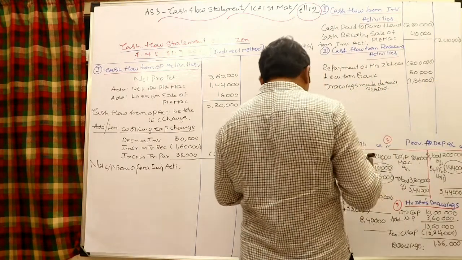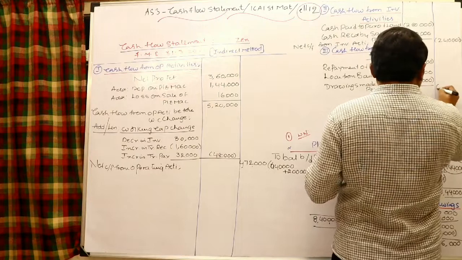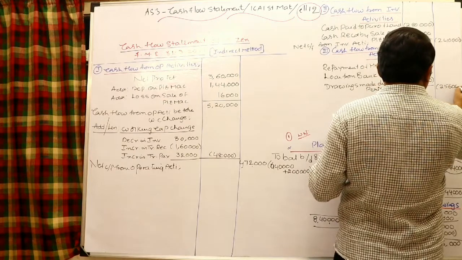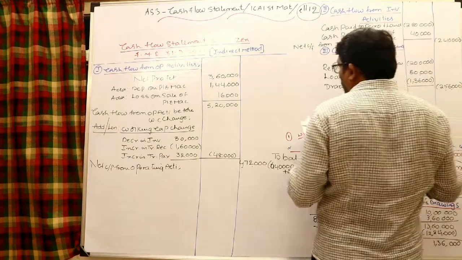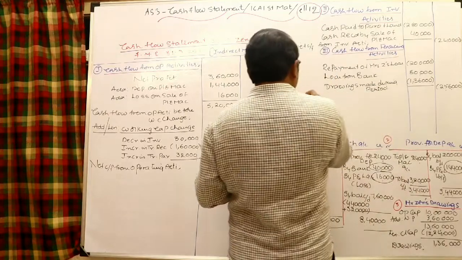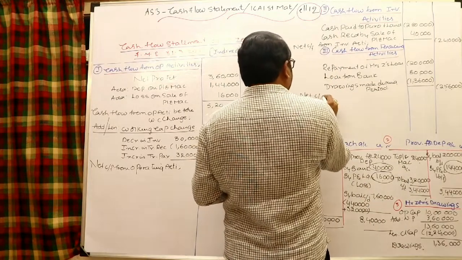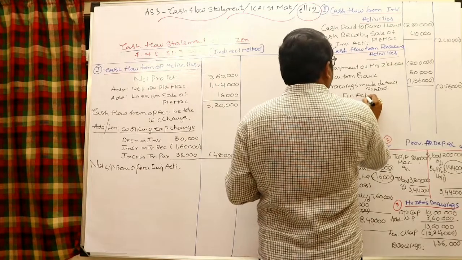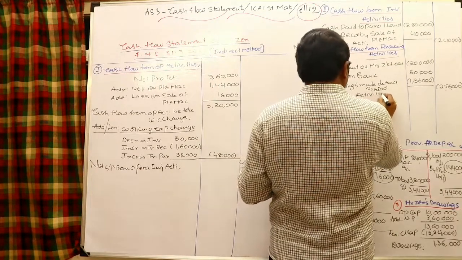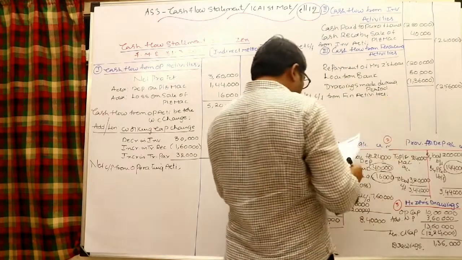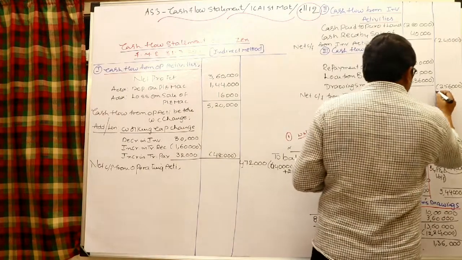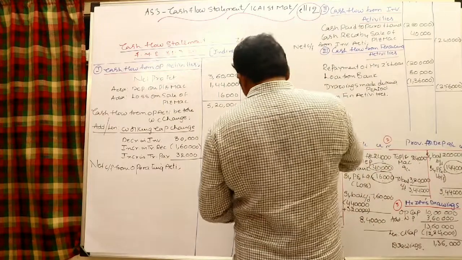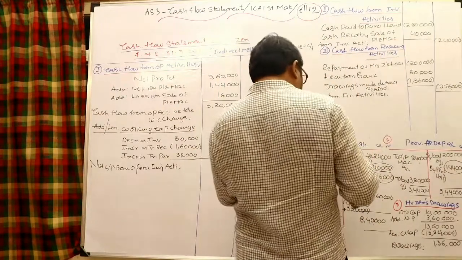Therefore, net outflow we can say 2,56,000. This 2,56,000 is net cash flow from financing activities.